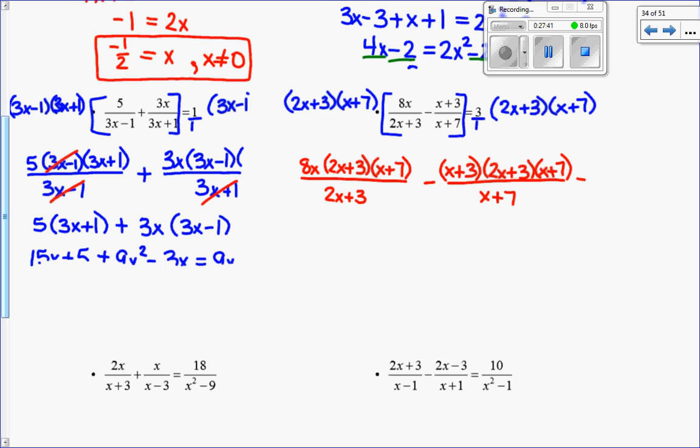And that equals 3 times 2x plus 3 times x plus 7.